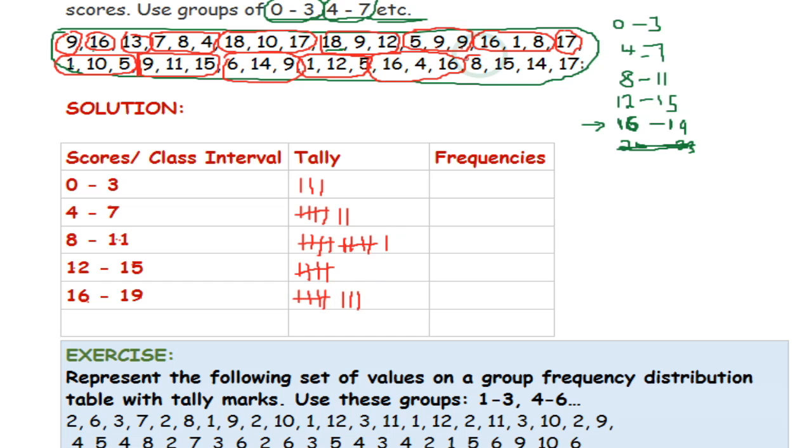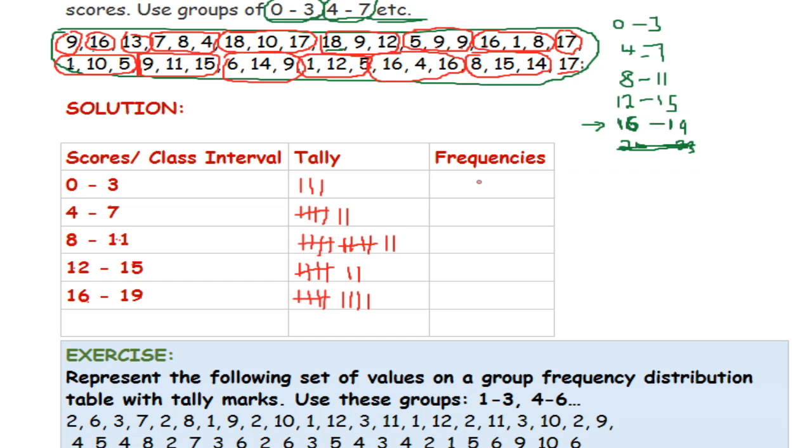Next is 8, 15, 14. 8 will be found here. 15 is between 12 and 15 here, and 14 is also between 12 and 15. Now the last one, 17, can be found between 16 and 19 here.